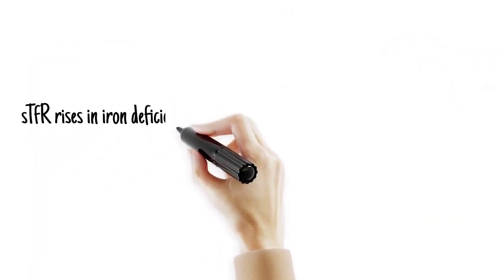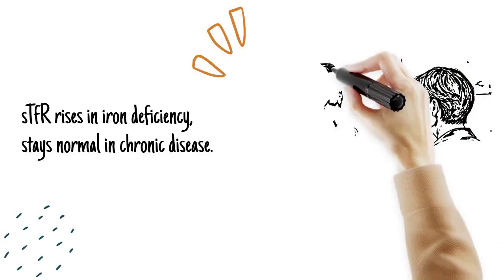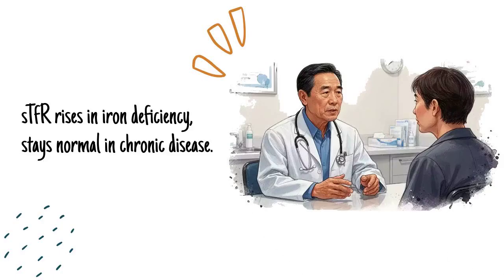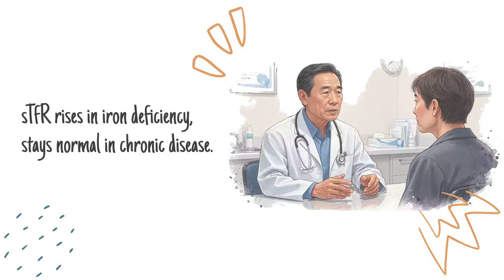Combining these properties, in iron deficiency anemia, erythroid cells are iron-starved regardless of why, so STFR is elevated. In pure anemia of chronic disease, the marrow is not actually iron deficient at the cellular level. Iron is present, just sequestered, and overall erythropoietic drive is often blunted by inflammation, so STFR remains normal or only mildly elevated.